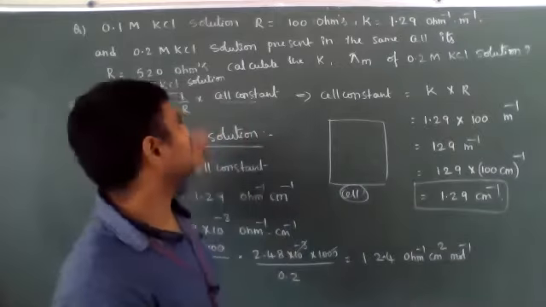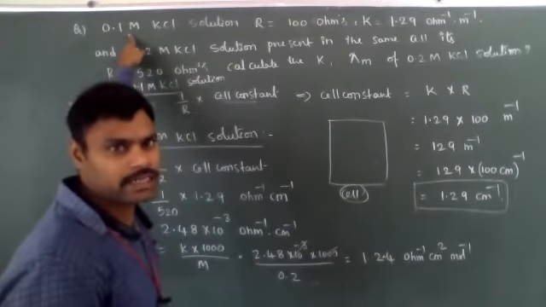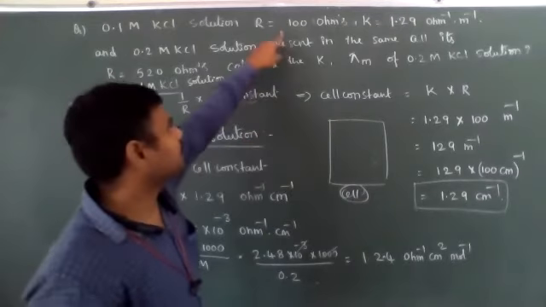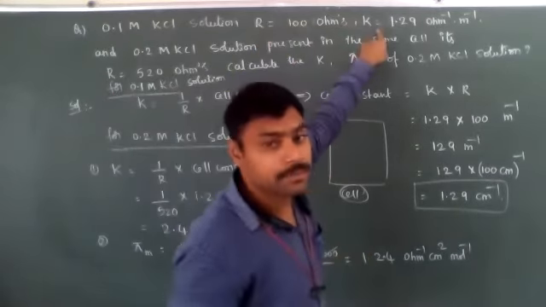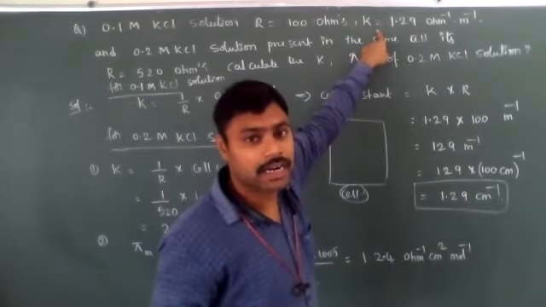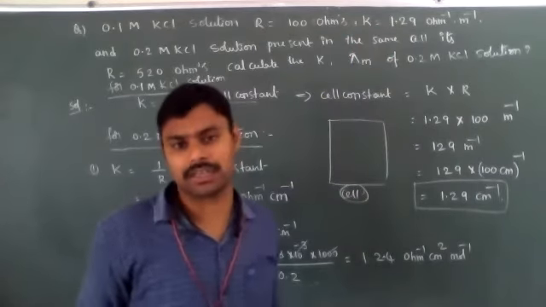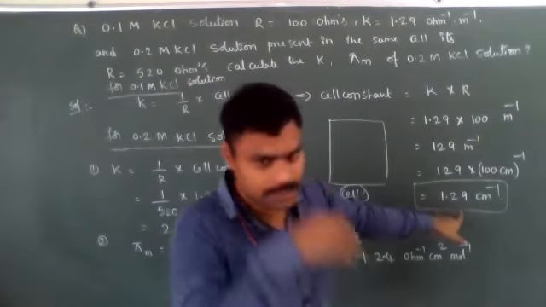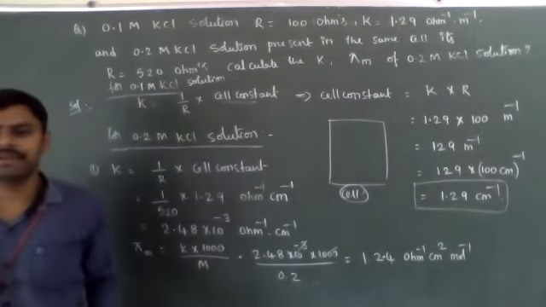First, indirectly, the given value is 0.1 molar KCl electrolytic solution taken in a cell. In that, the resistance is 100 ohms and the specific conductance or conductivity is 1.29 ohm inverse meter inverse. So in that case, the cell constant we calculated came to 1.29 centimeter inverse.